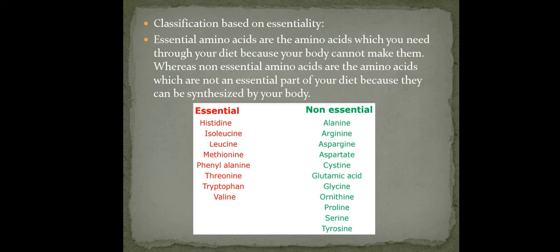So the next slide is classification based on essentiality. Essential amino acids are amino acids which are needed through your diet because your body can't make them. Whereas non-essential amino acids are not an essential part of your diet because they can be synthesized by your body.